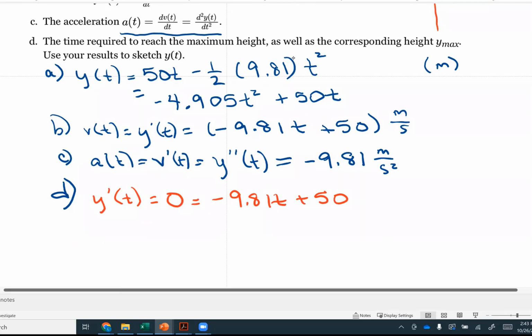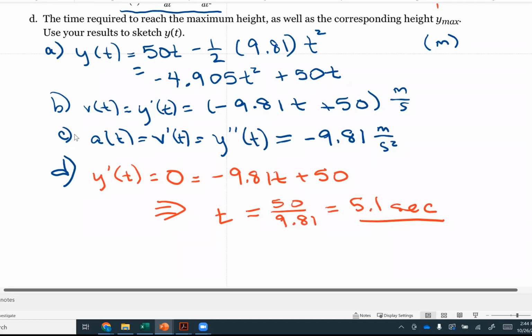And that gives me t equals 50 divided by 9.81. By the way, this is a terrible way to write a fraction. You should never write a fraction with a decimal in it. This is 5.1 seconds. I'm going to plug that in to my y of t.